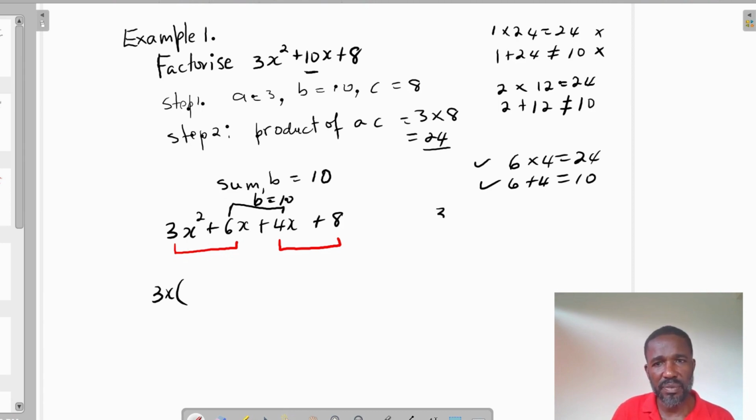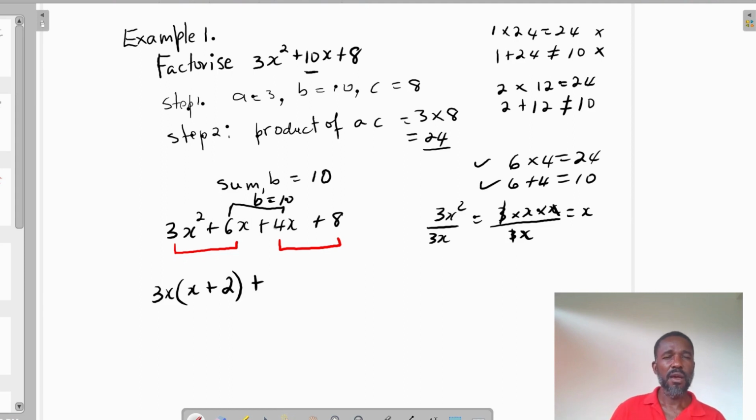So 3x squared divided by 3x is the same as saying 3 times x divided by 3x. And so x will cancel x and 3 will cancel itself. So we are left with what? x. So we have x here. And 6x divided by 3x will give us 2. So we are finished with these first 2 elements.